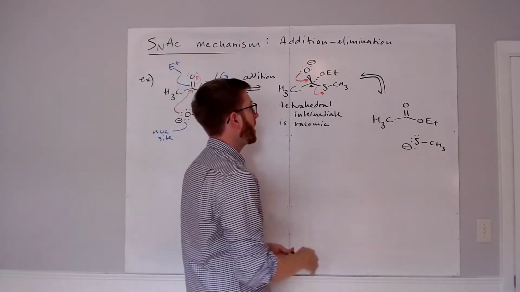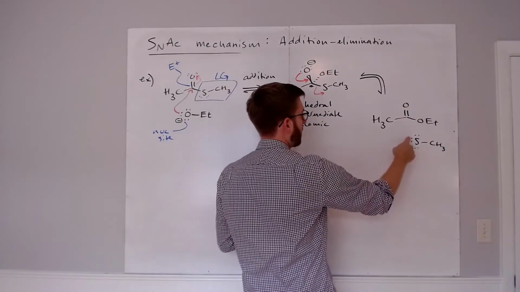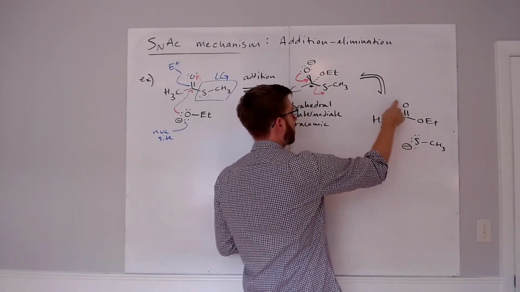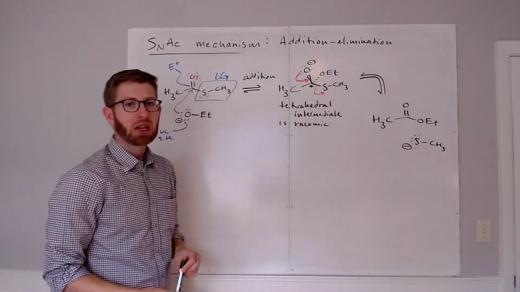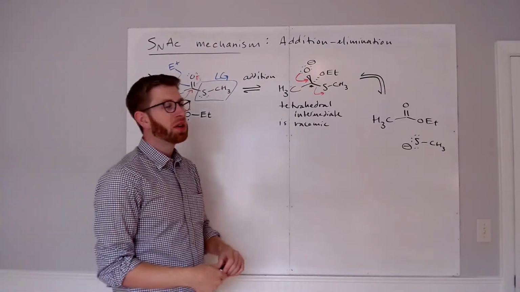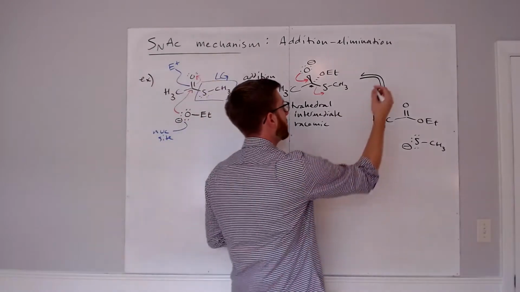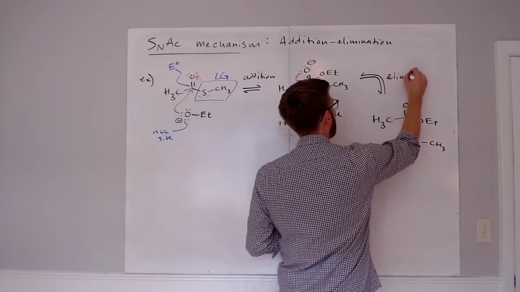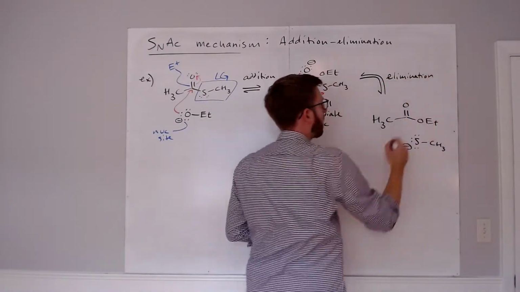We could do an addition, where the sulfur acts like a nucleophile, breaks the CO pi bond, and I'm back to the tetrahedral intermediate. So these SNAc reactions are all equilibrium processes overall, in part because both steps, addition and elimination, are reversible themselves.